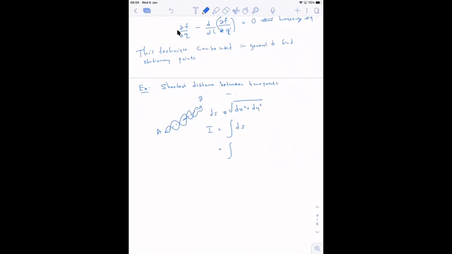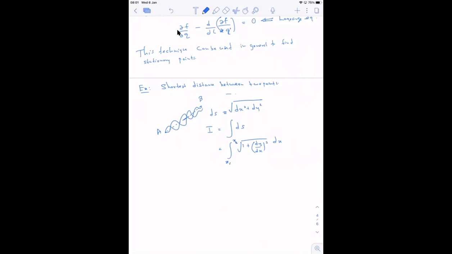So ds can be written as, you can write it in this way if you need.